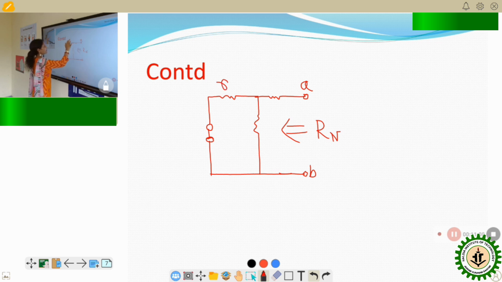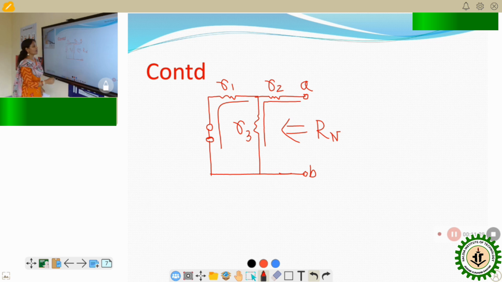It is R1, R2, R3. So how can we calculate it? Equivalent resistance is always calculated by considering a current. If we consider a current flowing through R2, and that current flowing through R3 and R1, then R1 and R3 are in parallel, and that parallel combination is in series with R2.